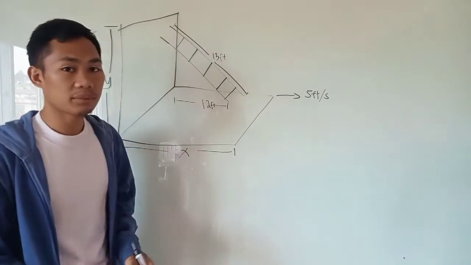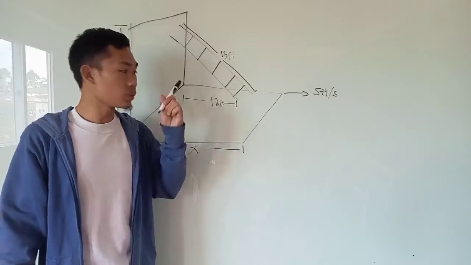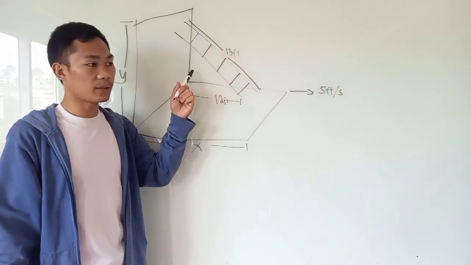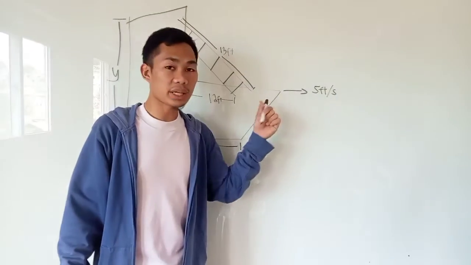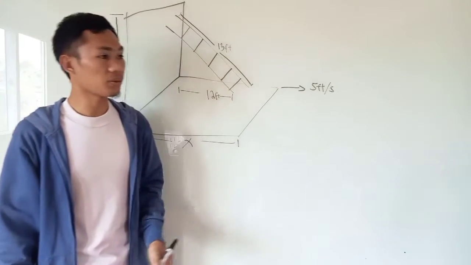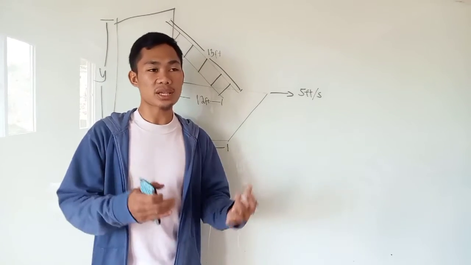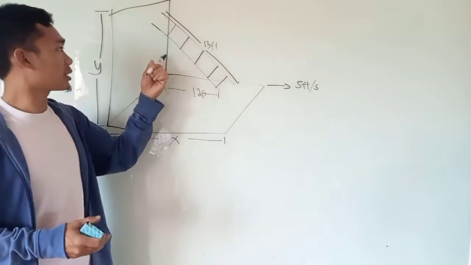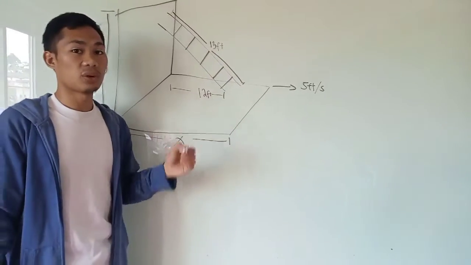In this problem, it says that a 13-foot ladder is leaning against the wall. Now, when the base of the ladder begins to slide away from the wall along the floor at the constant rate of 5 feet per second, the question is how fast is the top of the ladder moving downward along the wall.